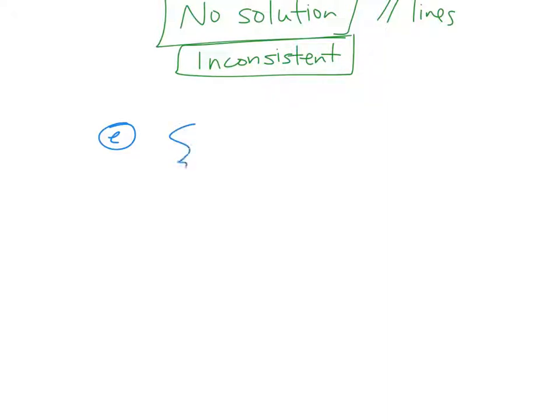Okay, so your system is 3x plus 7y equals 15, and 5x plus 2y equals negative 4. Okay? We don't have opposites.